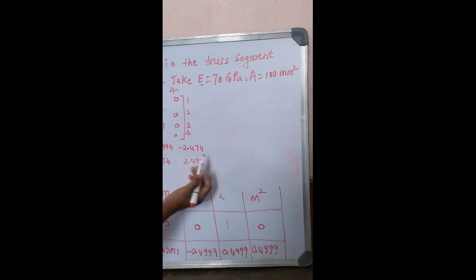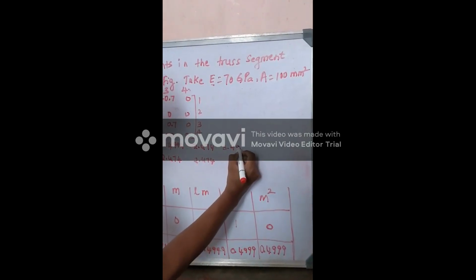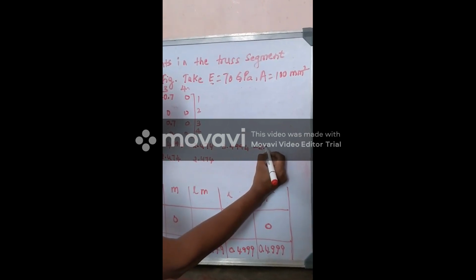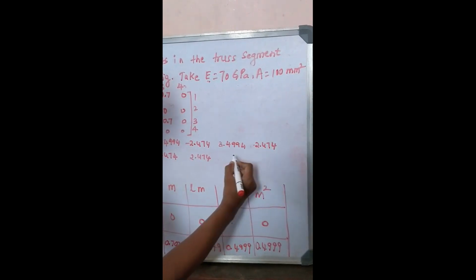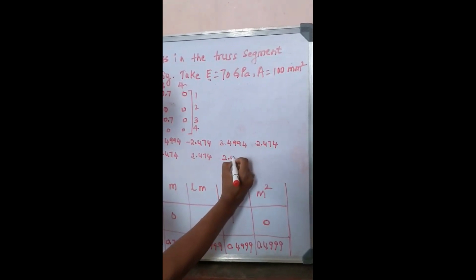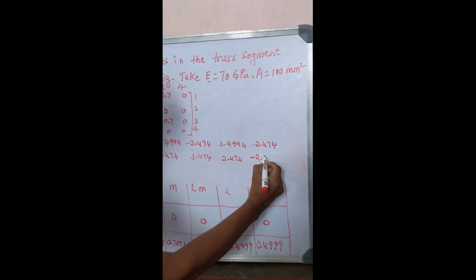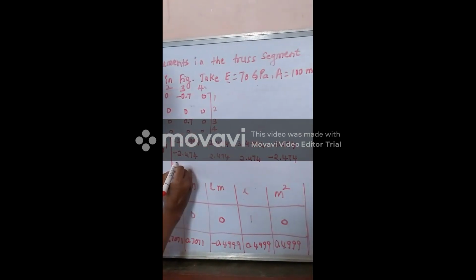Now the other will be opposite to this, so 3.4994, so minus, plus 2.474, 2.474, plus, minus 2.474, and now this will be quite opposite to this.